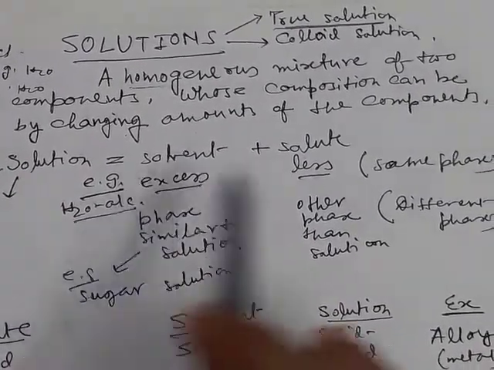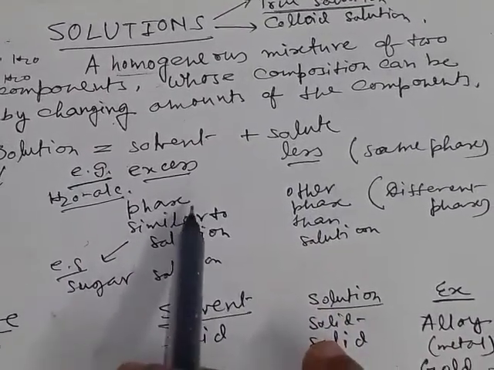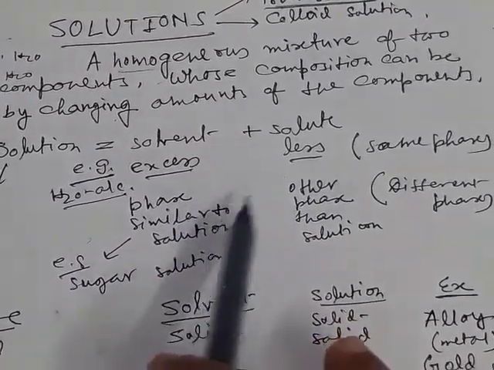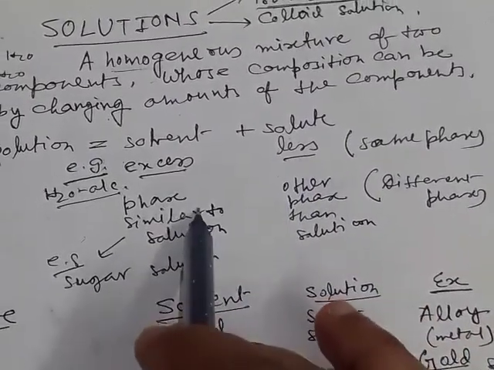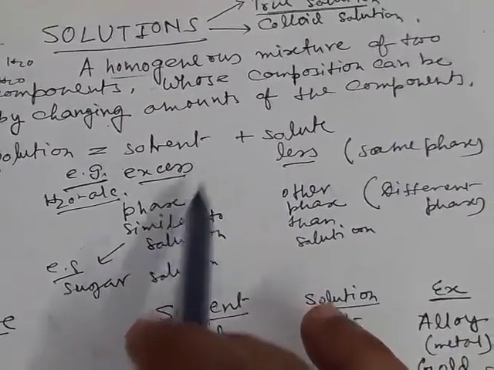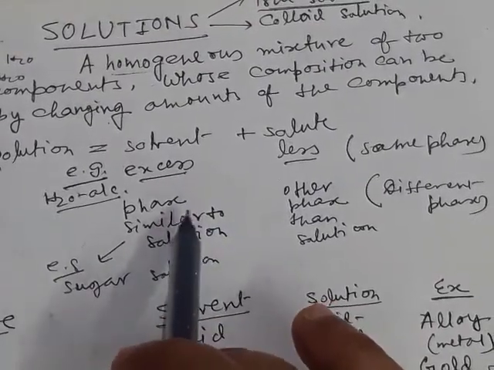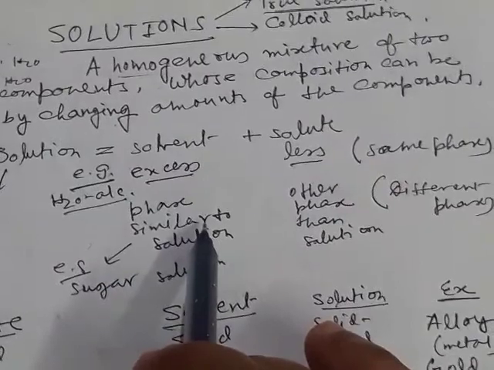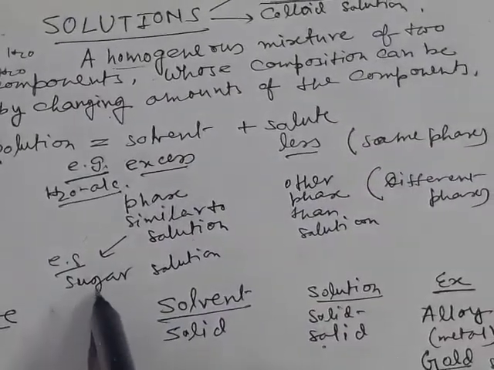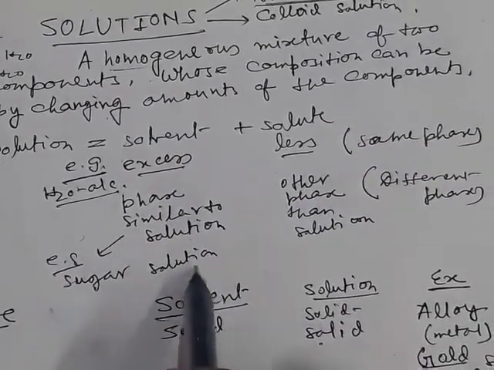Now if the phases of the two components are different, then the component whose phase is the same as the phase of the solution is called solvent. For example, we take sugar solution.